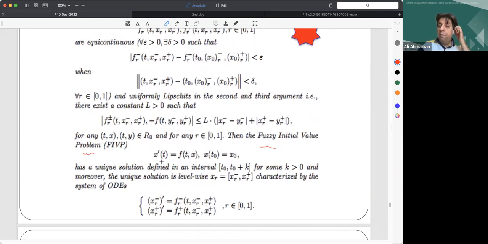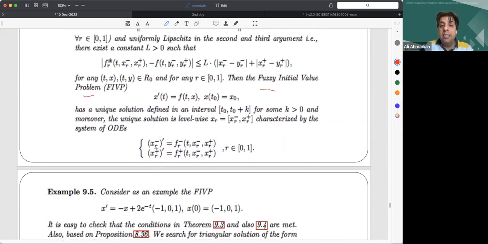We show it by x prime is equal to f(t, x), meaning that the right side is a function of t and x, and the left side is x prime. It has a unique solution if we characterize this fuzzy differential equation based on a system of two ODEs.